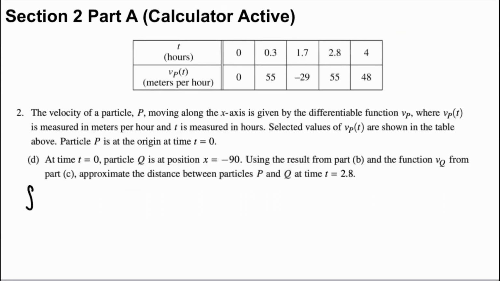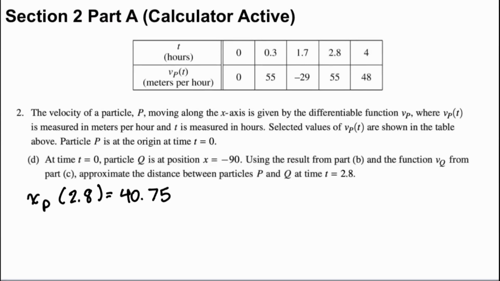We're going to take this integral from 0 to 2.8 of VP of t, x of particle P, the position of particle P at 2.8 is equal to 40.75. That's just a quick fundamental theorem of calculus from our part B answer from the trapezoidal sum.